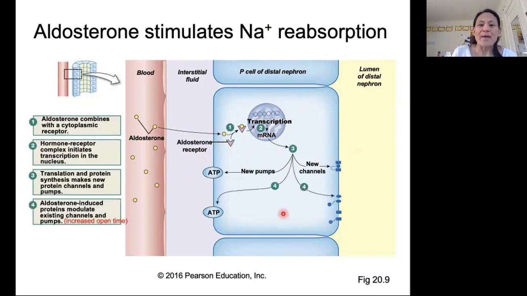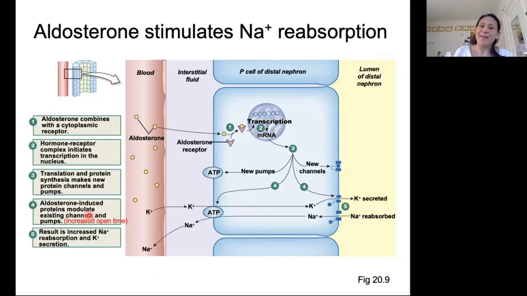We also get some modification of existing channels and pumps, so that they are open for longer. As a result, we get increased sodium reabsorption.